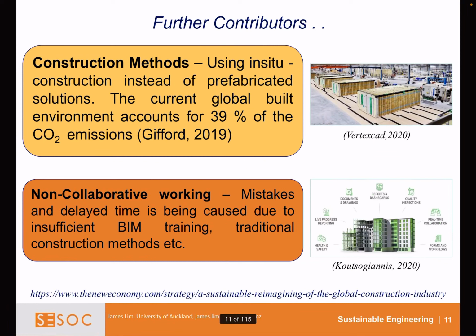Further contributors. Construction methods that we adopt are another major issue, with the global built environment accounting for 39% of carbon dioxide emissions. It holds an extensive proportion of carbon dioxide released on an annual basis.